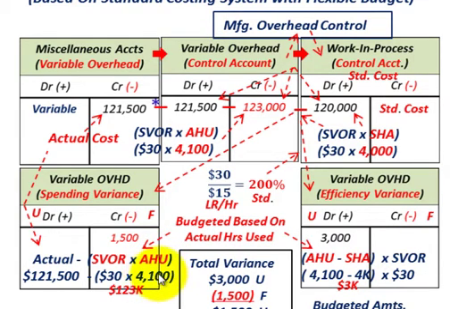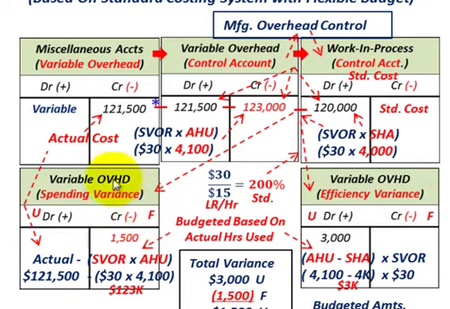That total amount would be $123,000. You can see our actual amount was $121,500, so our actual amount is less than what our budgeted amount would be based on our actual hours, which was $123,000. So we're under budget, and the difference is $1,500.